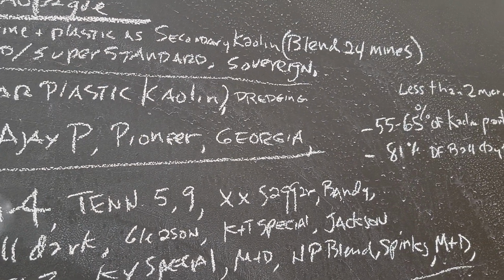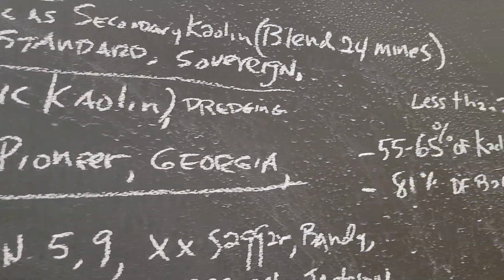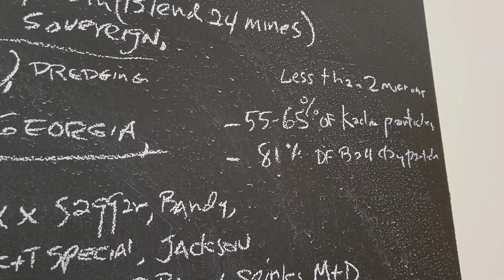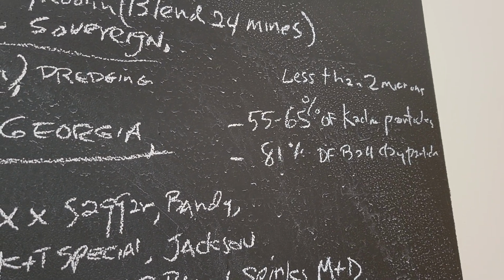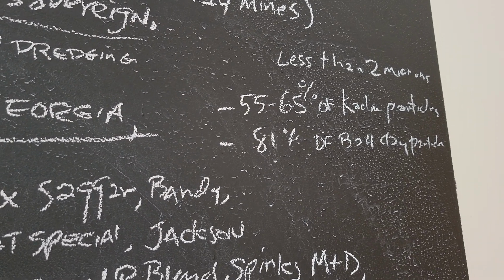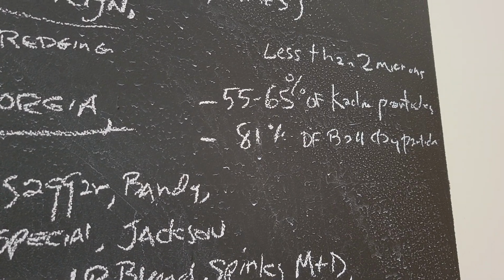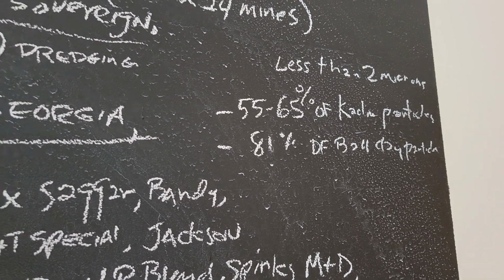Okay, and these particles are very small. And by that I mean they're less than 2 microns. So 65% of kaolin particles are less than 2 microns. And then ball clay, 85% of the particles are, so that's why it's more plastic. So we'll talk about that in a minute.